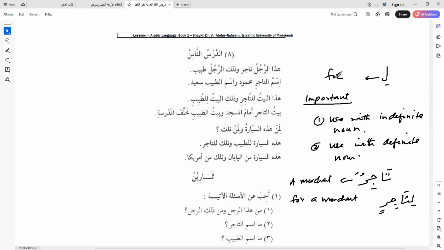Because the li here means for and it's serving as a preposition. All right. Now, what about if it is attajiru? The merchant.